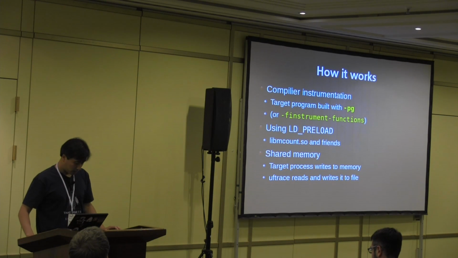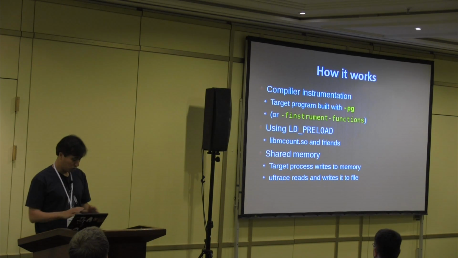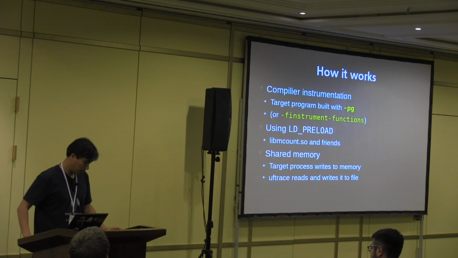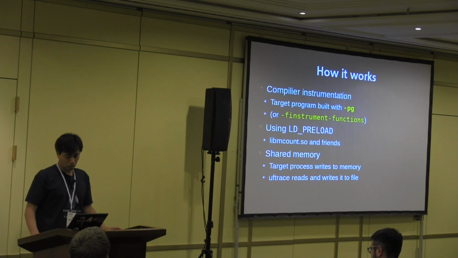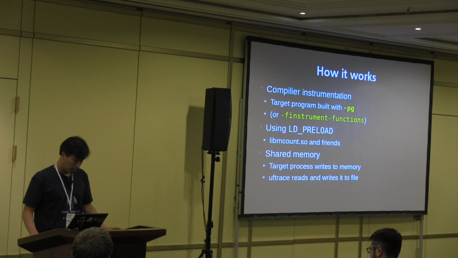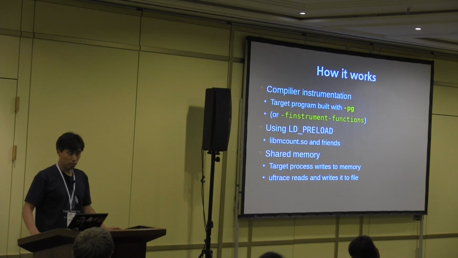The instrumentation code is built into the libmcount library, and it will be loaded with the LD_PRELOAD technique. The libmcount basically writes the tracing data to shared memory, and uftrace reads the shared memory and writes it to a file.